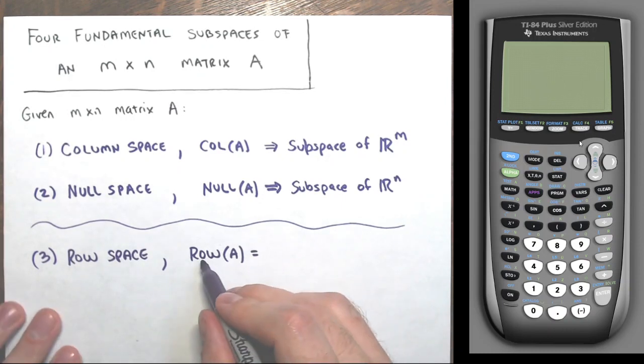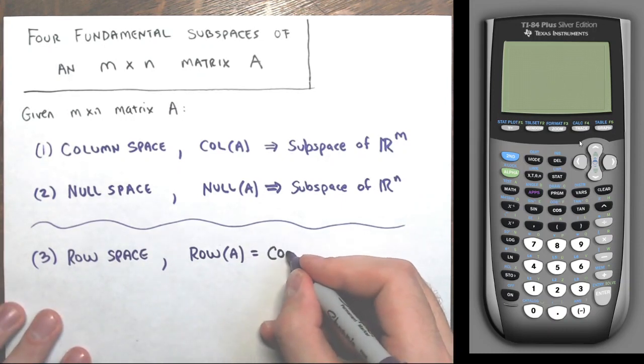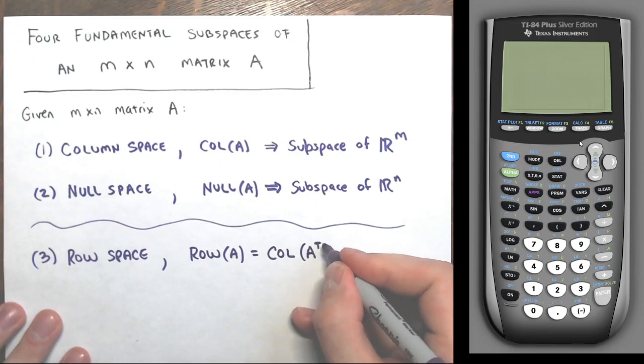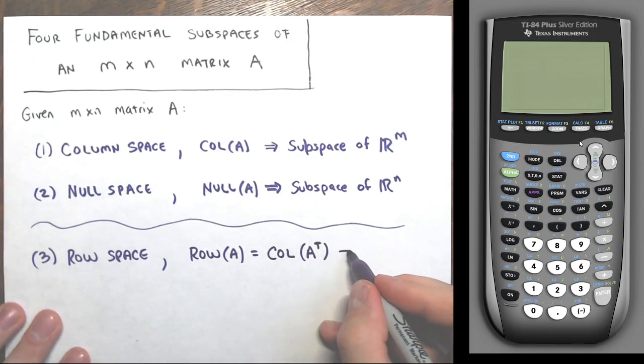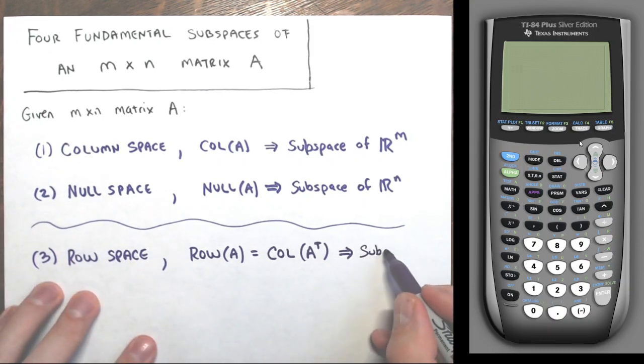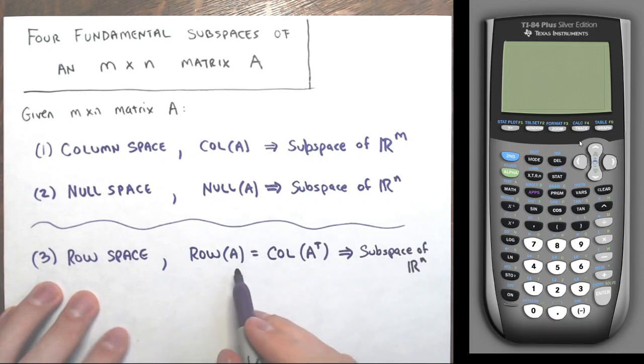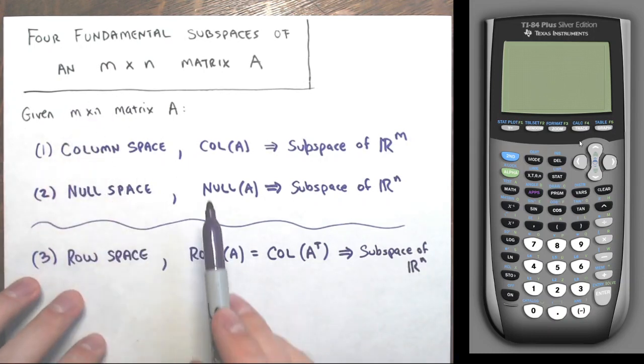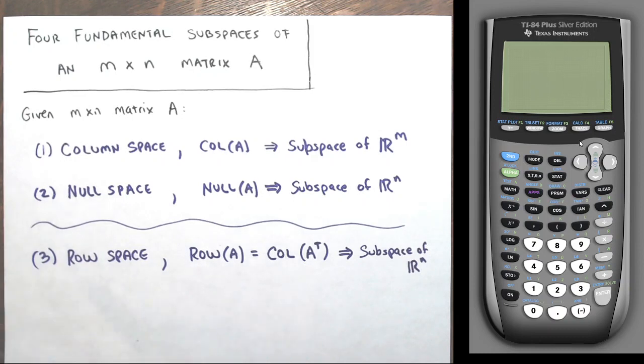So the row space of A you could also have thought of as the column space of A transpose. And this was a subspace of Rn. Every vector in here would have n components. If A is an m by n matrix, then the row space has a bunch of vectors that have n components in it. And then finally, the one we just saw in this video, the left null space.